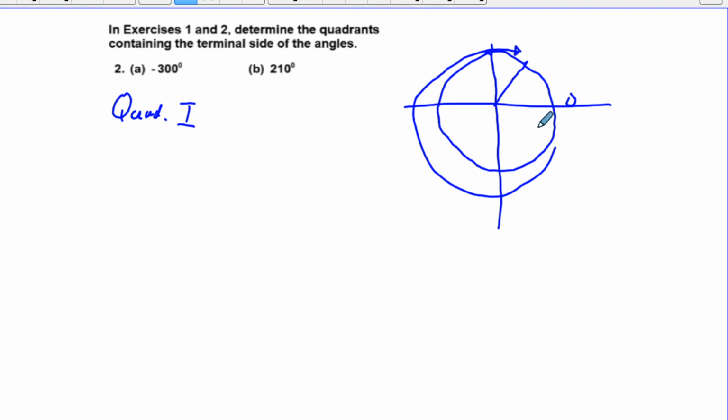And then 210 is going to be coming this way, about like this. This will be 30 degrees past 180, so this is going to be quadrant 2.